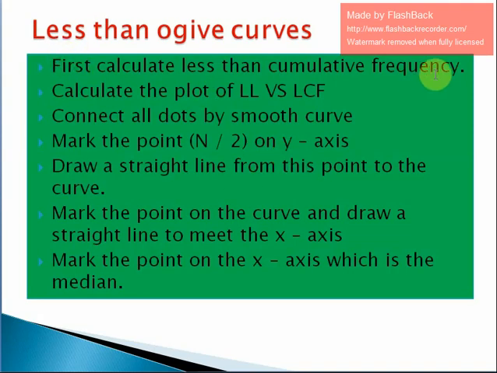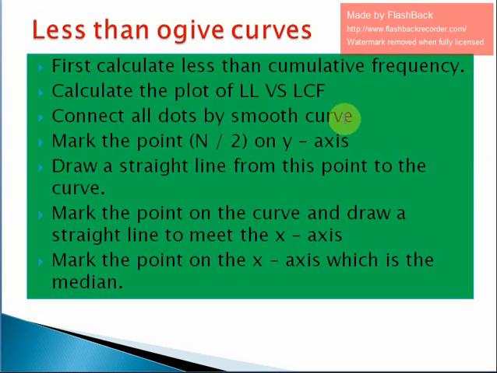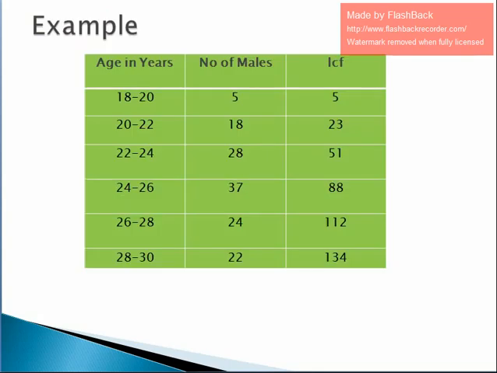First, calculate the less than cumulative frequency. Secondly, plot the lower limit versus the less than cumulative frequency. All the lower limits are taken on the x-axis and the less than cumulative frequencies on the y-axis. Connect all dots by a smooth curve.